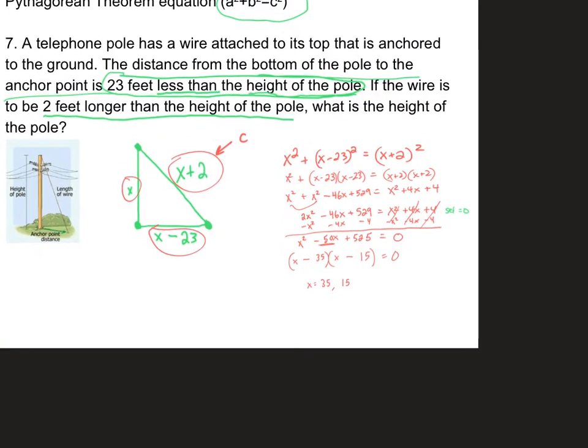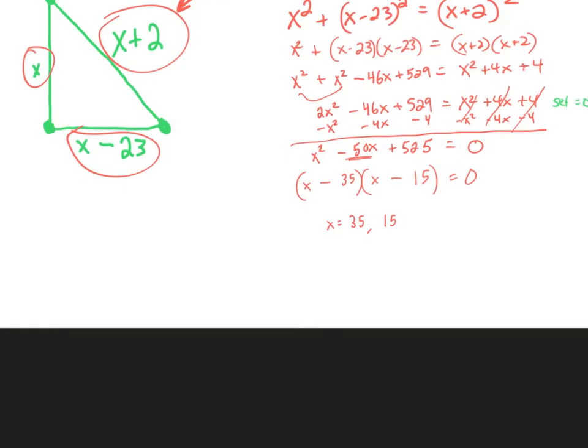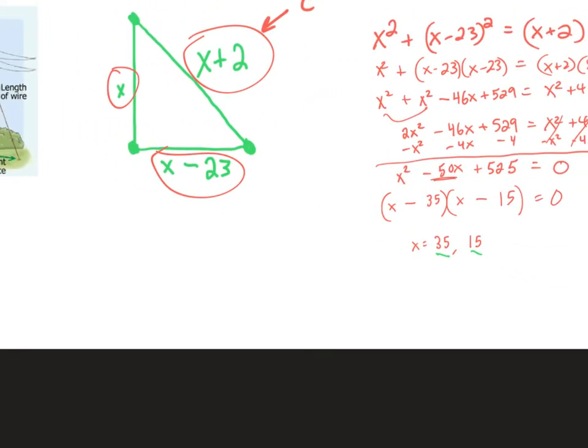So if we look back at some of the features of the word problem, both of these answers are positive. So if we're talking about the height of a pole, height could be 35 feet, could also be 15 feet. But if we look at this one here, the x minus 23, if you subtracted 23 from 35, that would actually be okay. You'd still be left with something that could be a length.